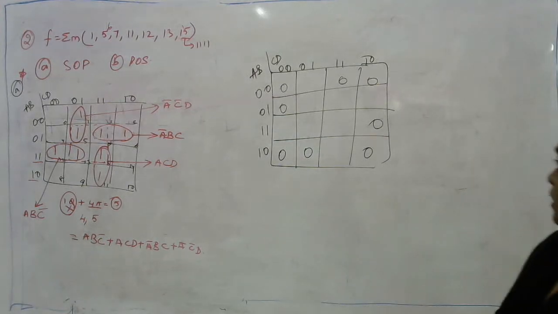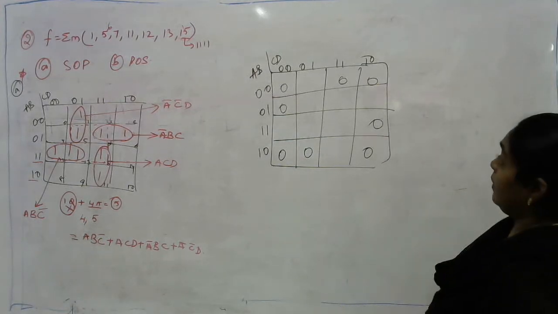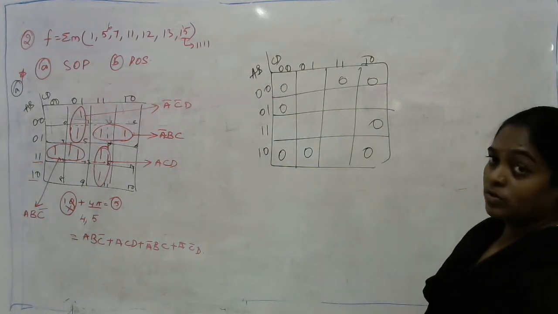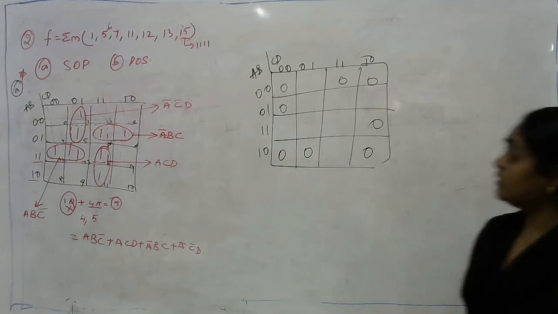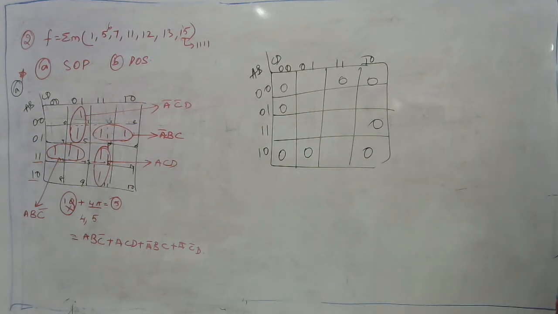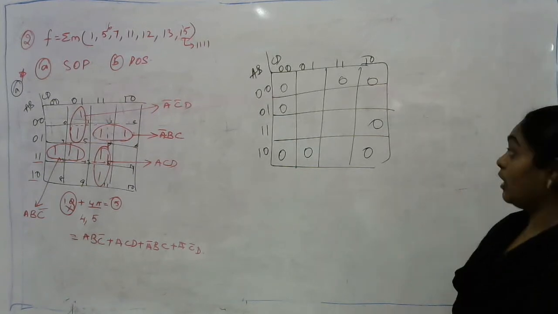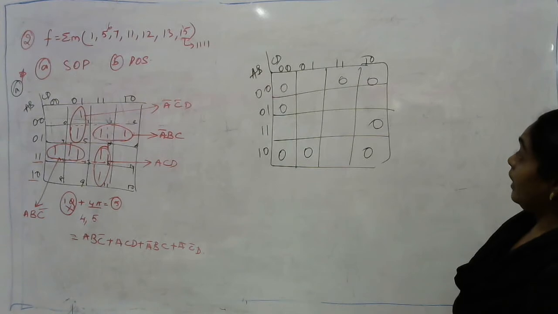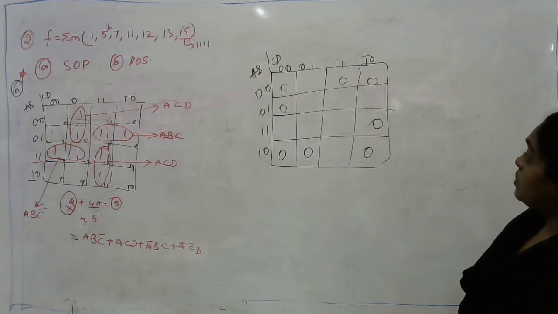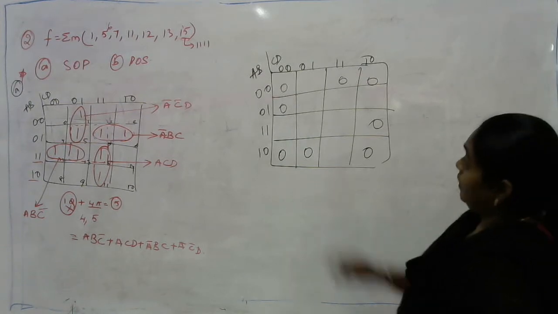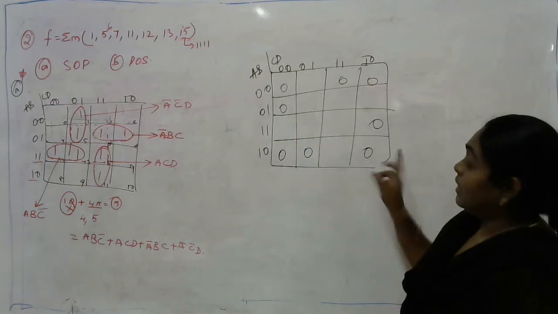Now, if you observe this, here I am having a total of 8 zeros. But as all the 8 zeros are not present side by side, I cannot group all 8 into an octet, but instead I can make this as one quad. Here, all the zeros are present at the corners.